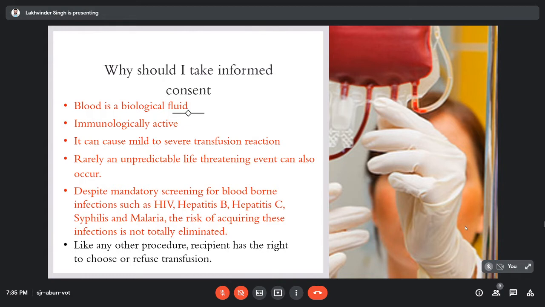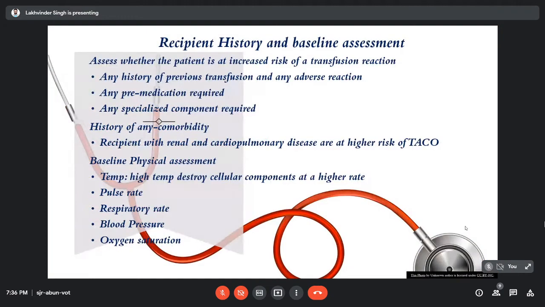So there is still a small risk that our blood transfusion may transmit these infections. And like any other procedure, the recipient has the right to choose or refuse transfusion, because there are certain groups of patients who do not accept blood transfusion. Jehovah's Witnesses are there, they don't accept any blood transfusions. And that was all about the informed consent.